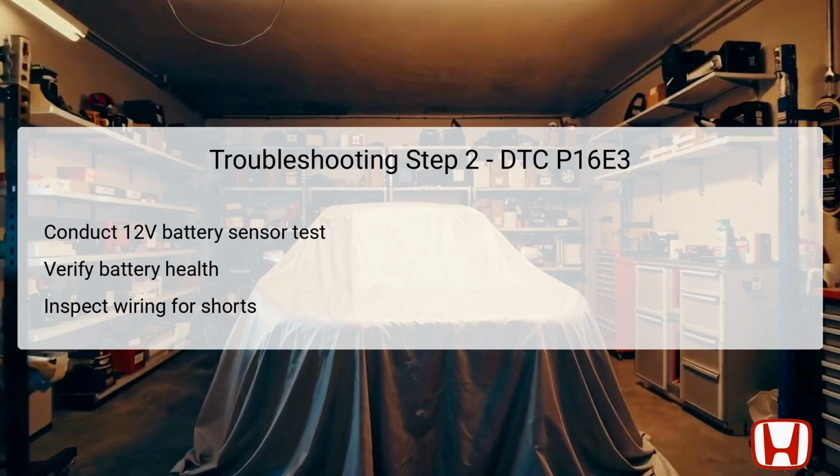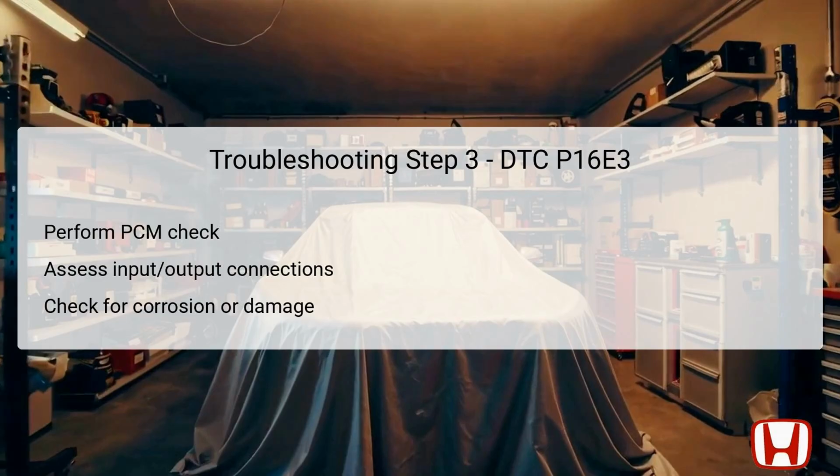An underperforming battery can send erroneous signals or fall short of power needs, affecting overall vehicle functionality. Additionally, inspect the wiring connected to both the sensor and the PCM for any potential shorts or breaks. This systematic approach helps confirm that these essential components are functioning correctly and eliminates some of the more common failure points.